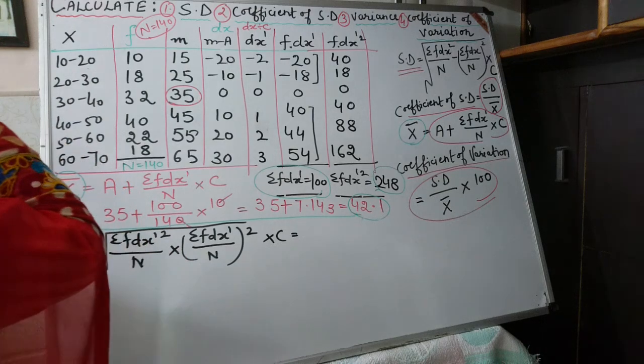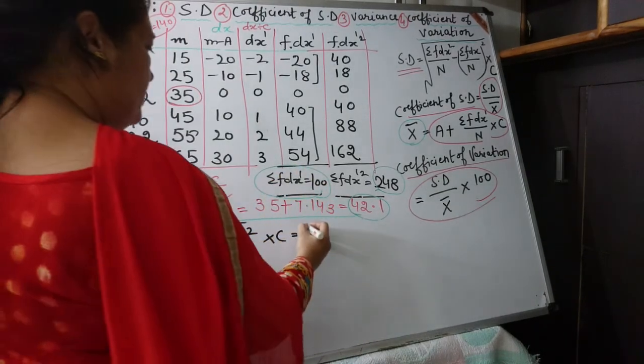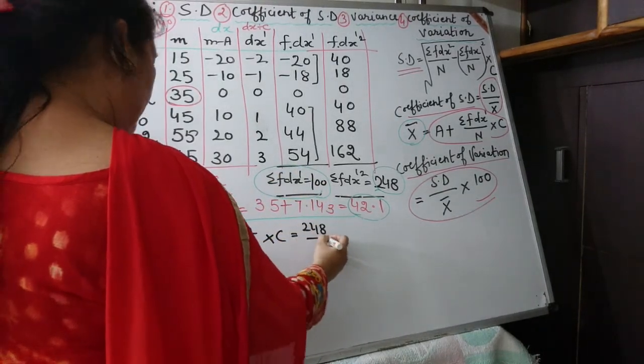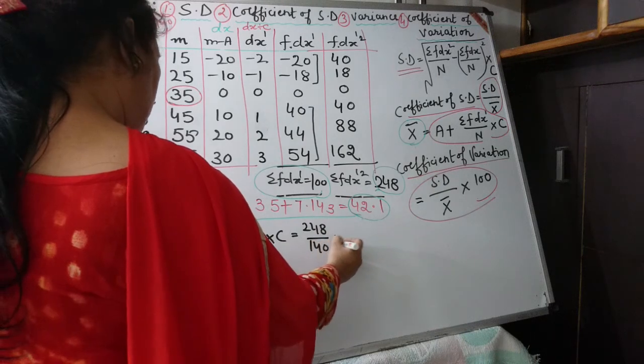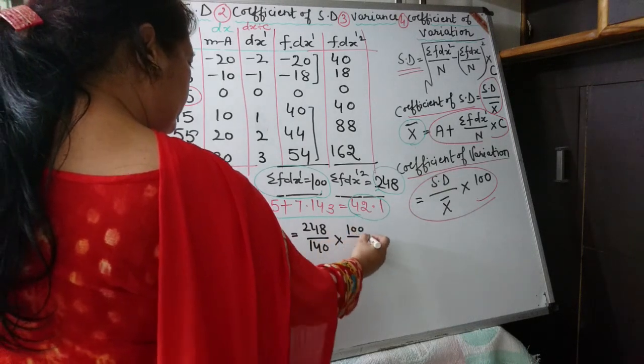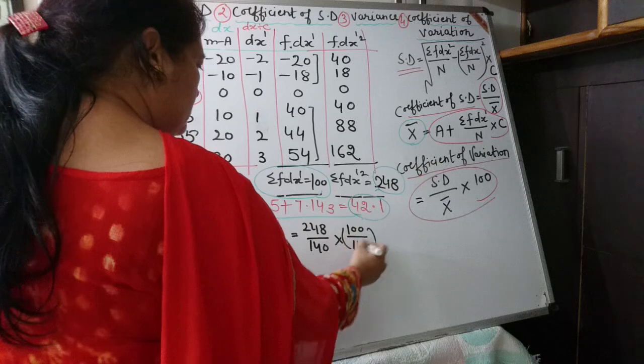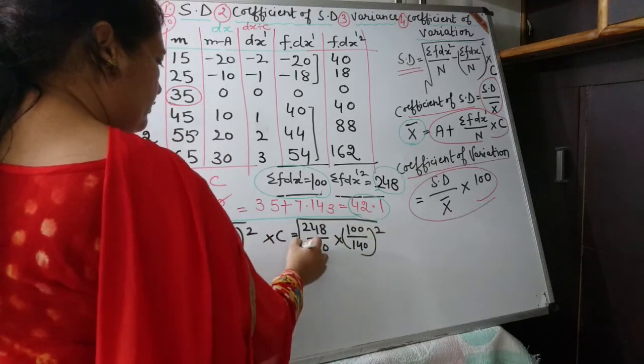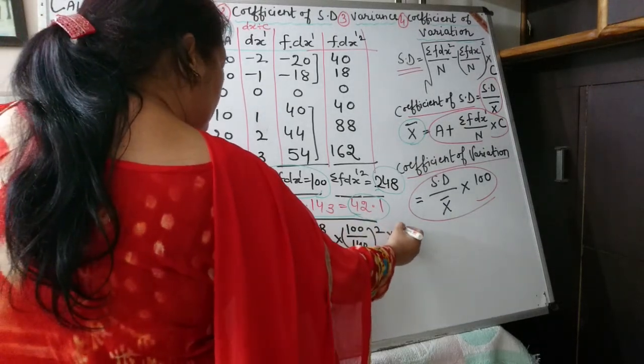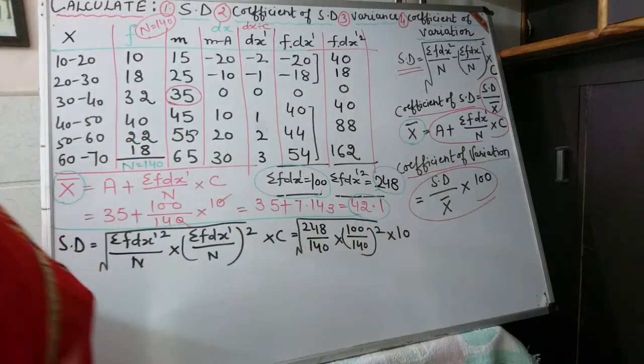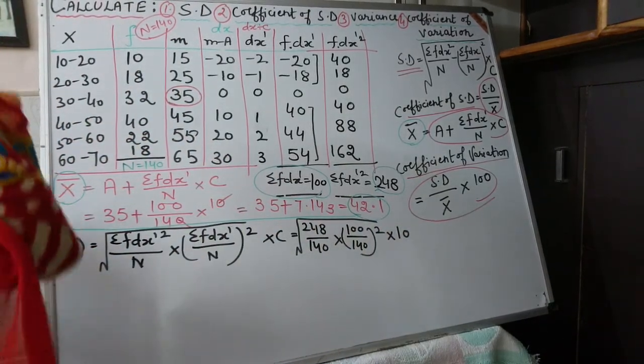While putting in the values, sigma f dx dash square, that is 248, divided by 140, minus 100 divided by 140 whole square, whole under root, and the common class interval was 10 units.